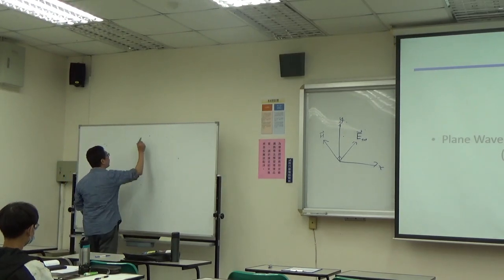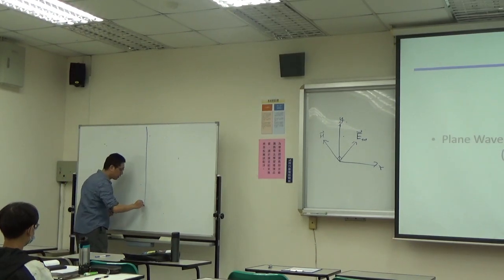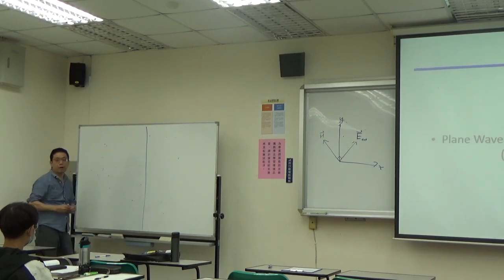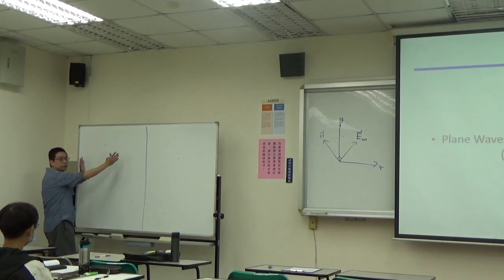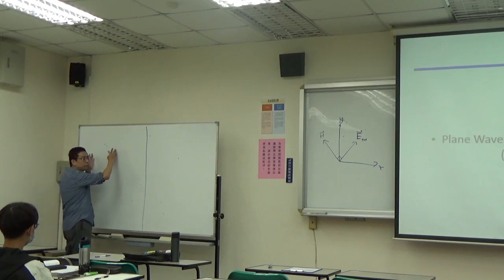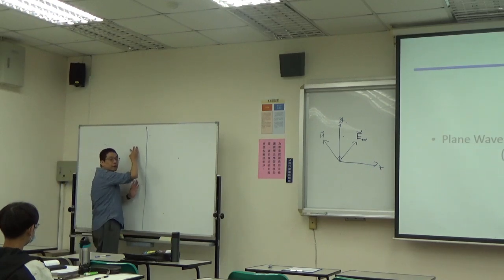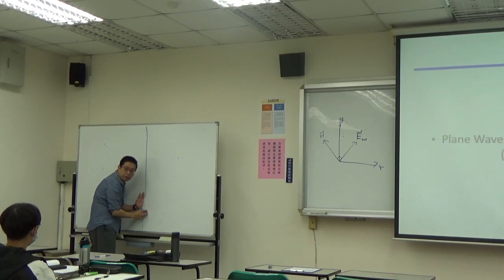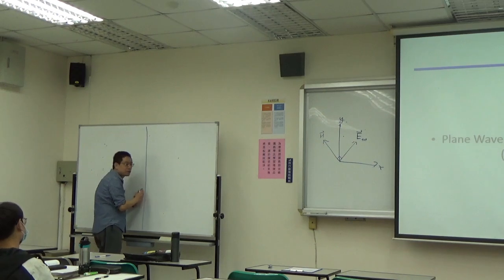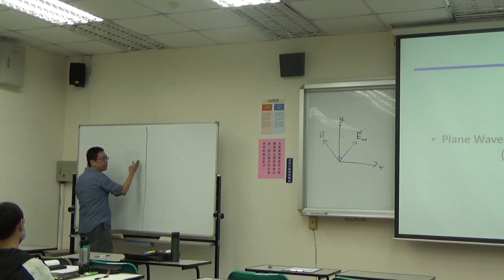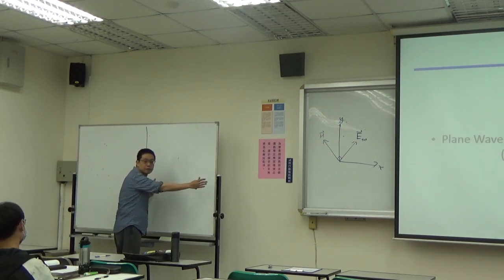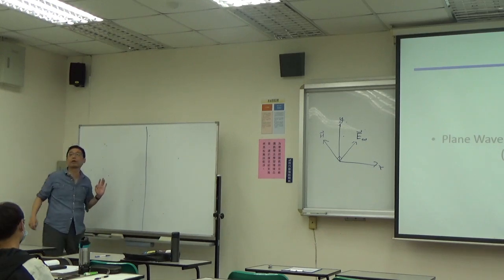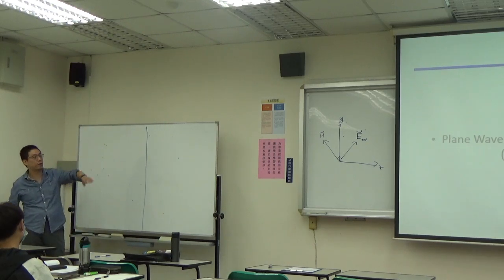Second, what happens if our electric field is moving and touches a boundary? This boundary means we have two different materials. So we will apply our boundary conditions in this part.